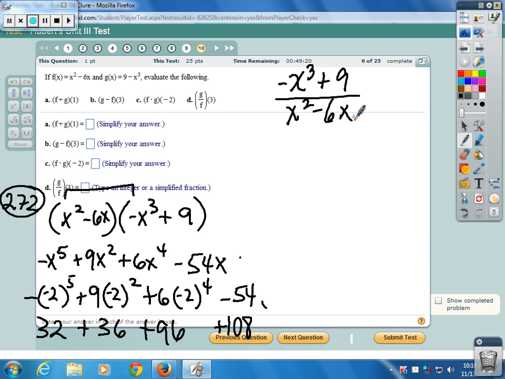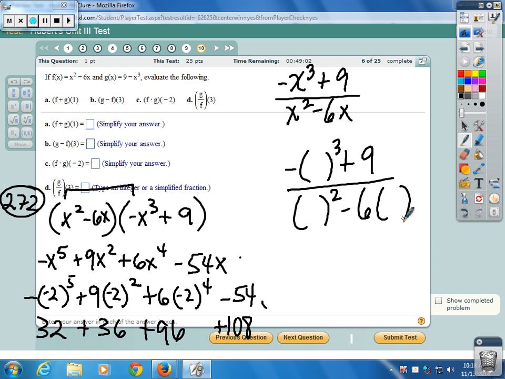Well, nothing cancels because you can't factor anything out. You could factor out an x right here, but you can't factor out an x there. So I just go ahead and plug and chug. Negative parentheses cubed plus 9 over parentheses squared minus 6 times parentheses.